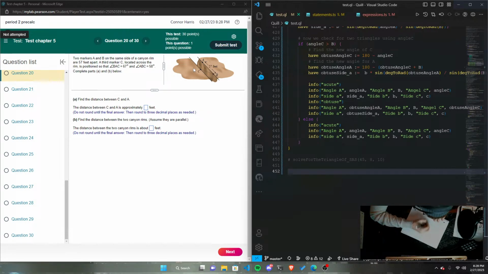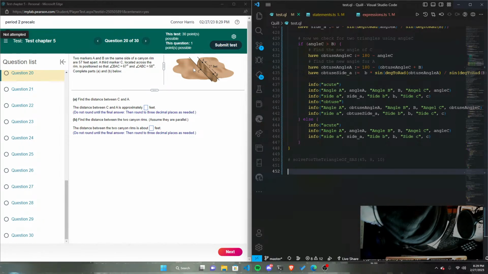Okay, so we need to solve. We have little b, little a, and we don't have c. So we want to find the distance from C to A. So we need to find b here, but we don't have a.